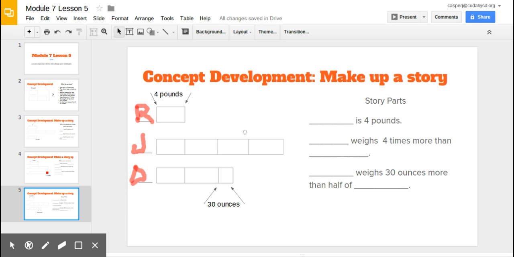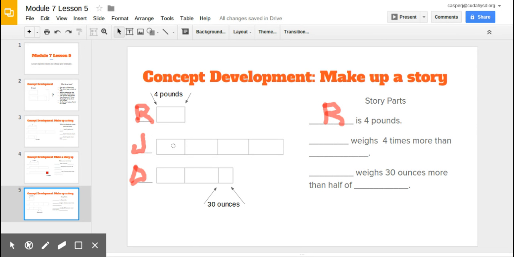Have 4 pounds. So we know that Ron has 4 pounds. And we could say 4 pounds of anything we want. Let's say cheese. My friend Ron has 4 pounds of cheese. Blank has 4 pounds of cheese.